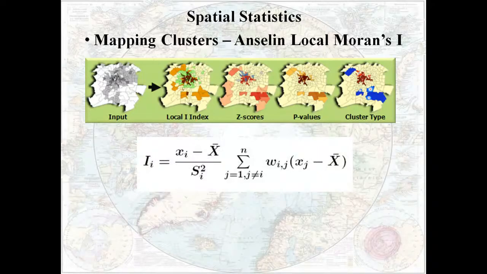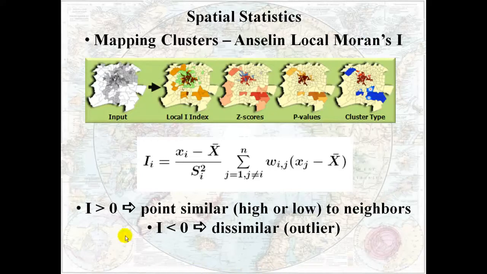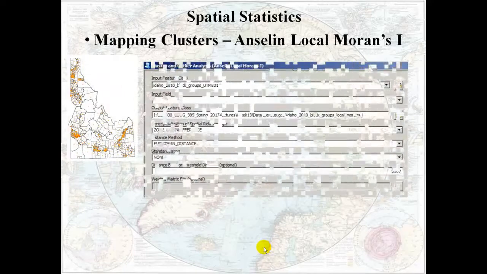Okay, so those previous statistics have been a single number for the entire data set. You can actually make maps that show you how clusters work out, and that would be local clustering. And so there's a local Moran's I to go along with the global Moran's I. When you run that, you're going to have kind of a similar thing here as you did for the global, but you're going to be able to do it locally.